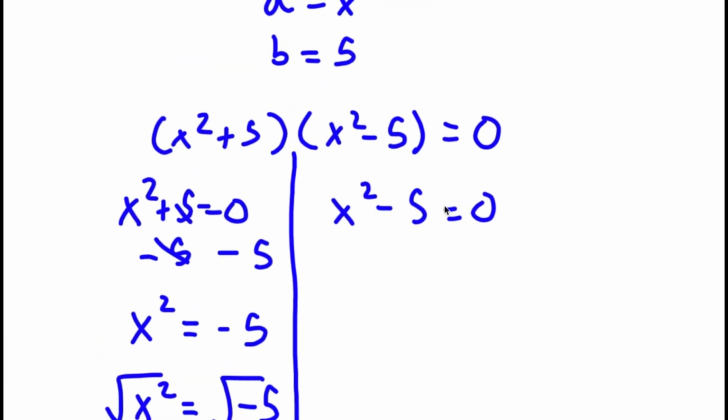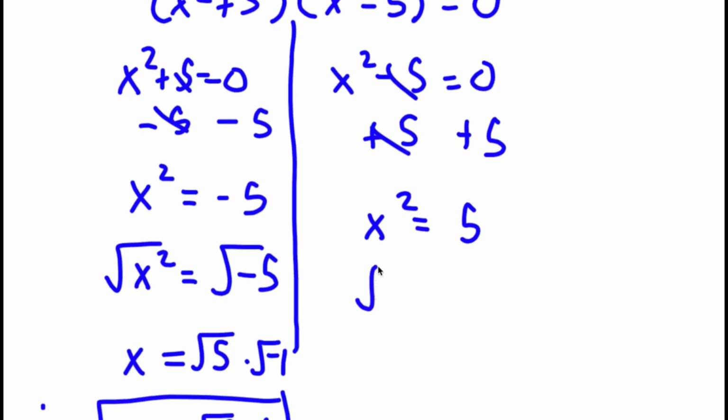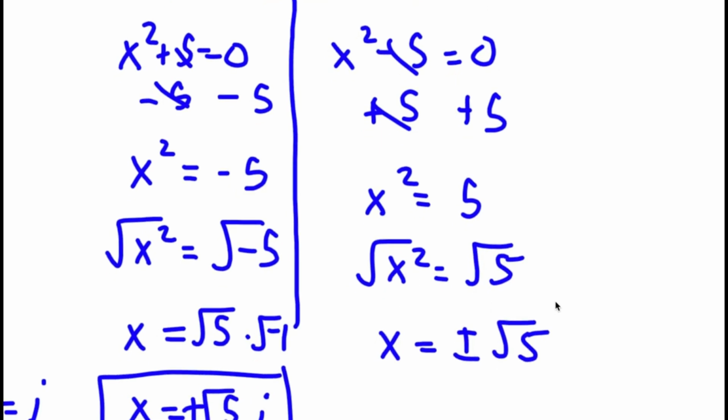Now for x squared minus 5 equals 0, I'm going to add 5 on both sides, so then these two cancel out, and now I'll have x squared is equal to 5. Now if I take the square root on both sides, the square root of x squared is x, and the square root of 5 is positive or negative square root of 5.